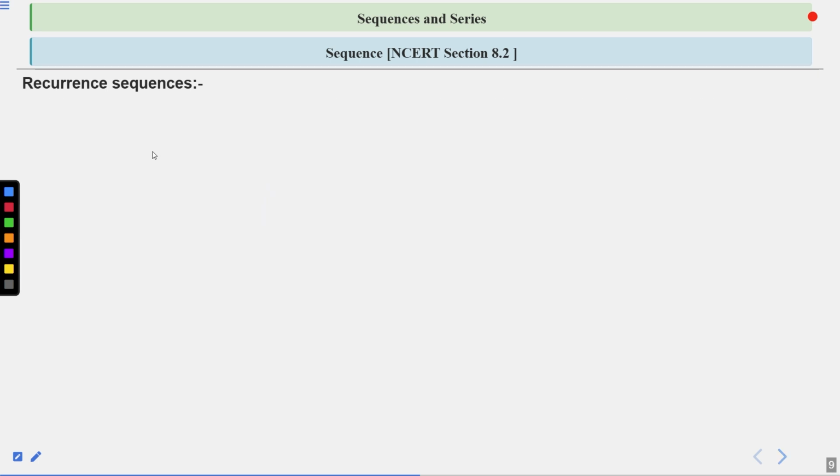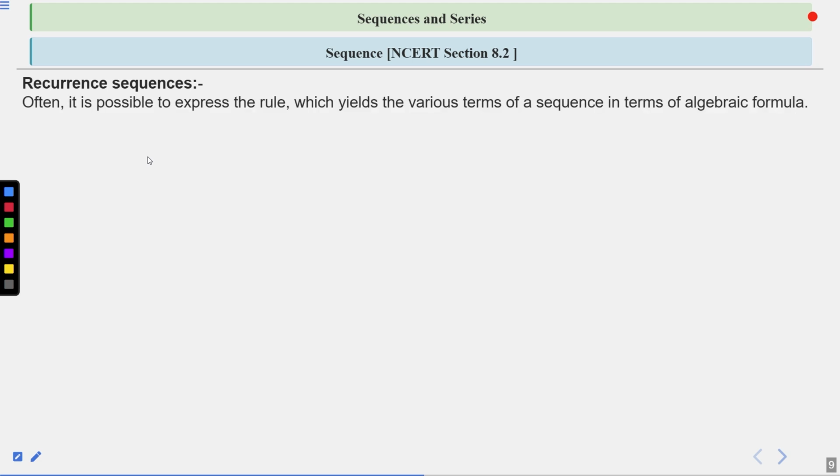Now, often it is possible to express the rule which yields the various terms of a sequence in terms of an algebraic formula. Simple. Consider, for instance, the sequence of even natural numbers, meaning 2. The first position number is 2, second 4, third term 6, and so on.